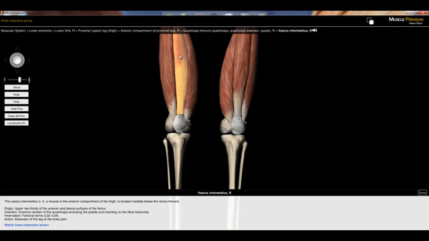It inserts via the common tendon into the tibial tuberosity, and it's innervated by the femoral nerve as well. All the quadricep muscles are innervated by the femoral nerve, so that's an easy one to remember. And it functions to extend the tibia at the knee joint, and is in fact a one-joint muscle like the last two muscles that we're going to look at here.